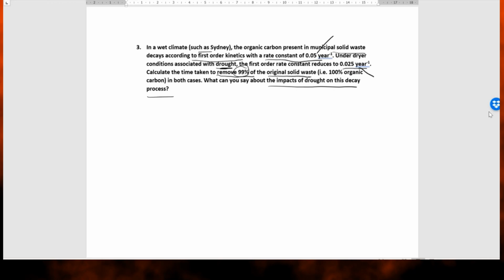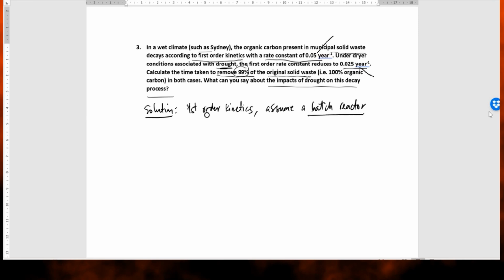We are not given anything except the first order kinetics, right? Since we are only given first order kinetics, we can assume a batch reactor. Let's assume a batch reactor for this one.